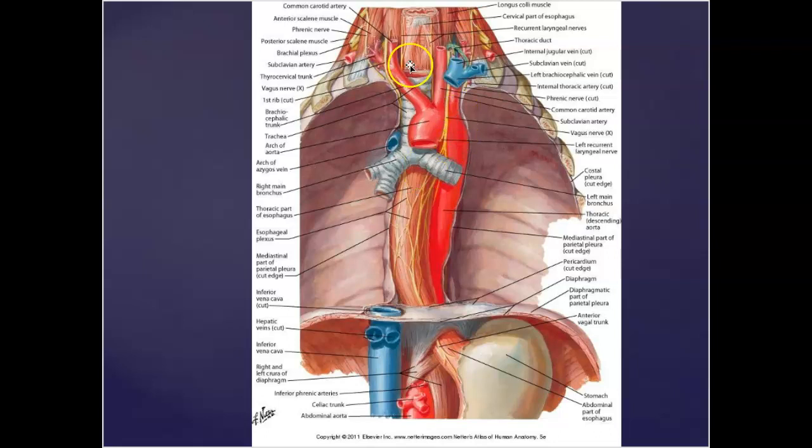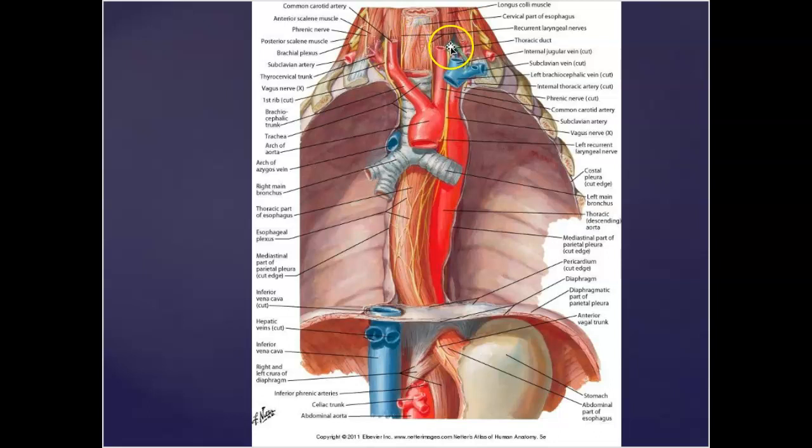But what's interesting, on the right side, the vagus nerve comes over the subclavian artery, and then loops underneath it, and then as it continues up, it will go more anteriorly, and it will reverse. It will become the recurrent laryngeal nerve, or the ascending laryngeal nerve, sometimes called, on the right side as it comes around the right subclavian artery, and then back up towards the larynx, the voice box.